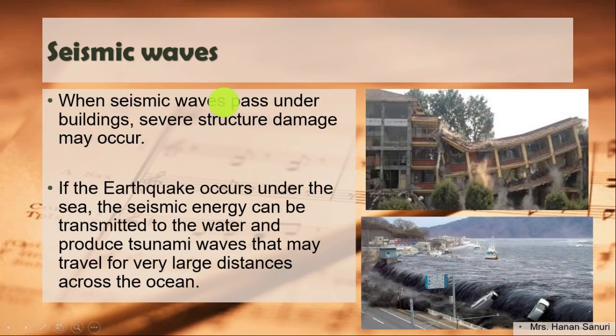When seismic waves pass under buildings, severe structure damage may occur. That's what happens. If the earthquake occurs under the sea, the seismic energy can be transmitted to the water and produce tsunami waves that may travel for very large distances across the ocean.